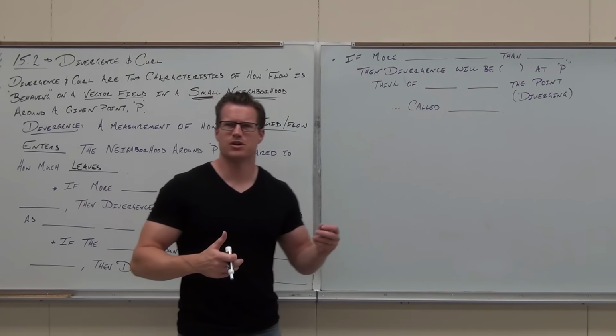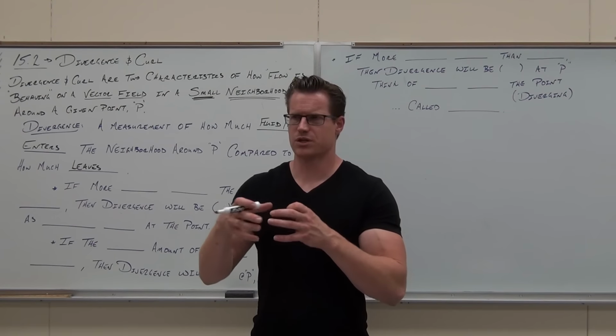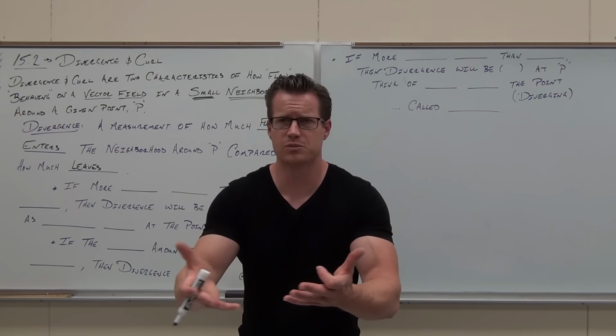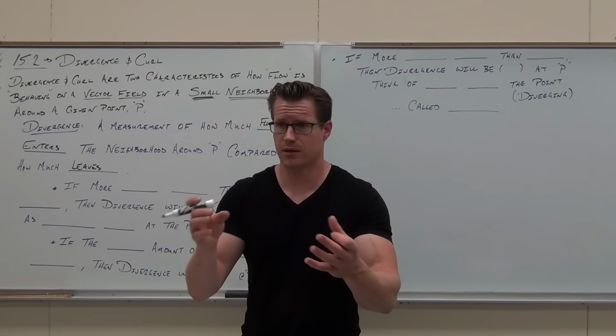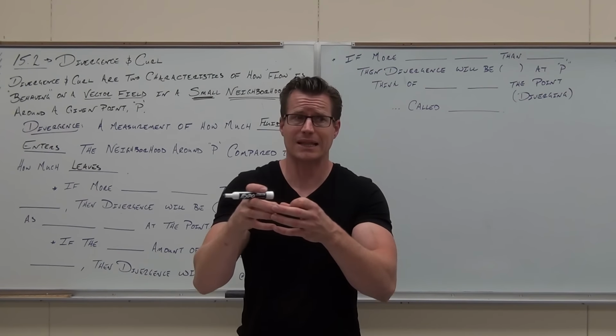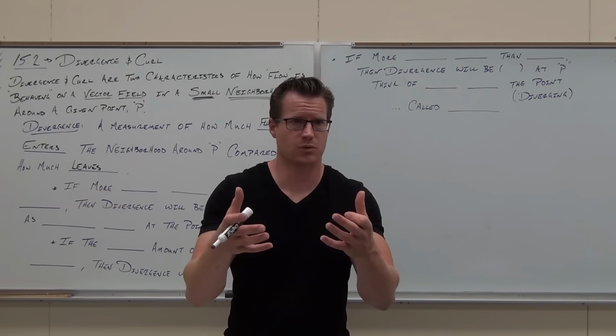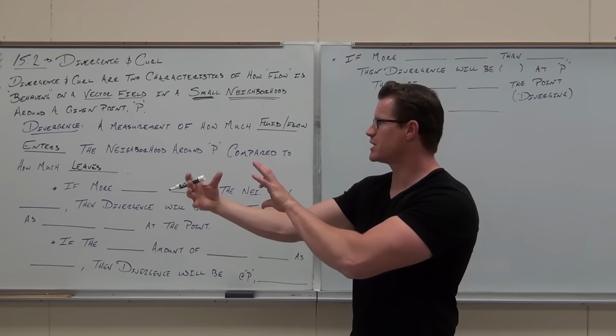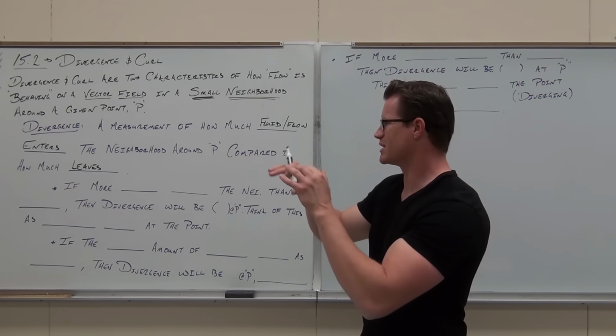And now you can kind of picture that. If the vector field is describing how the fluid is moving through a system, then the fluid is going to be entering around a point and leaving around a point. That's what we're trying to measure with divergence. It compares how much fluid enters the neighborhood around a point to how much leaves it.